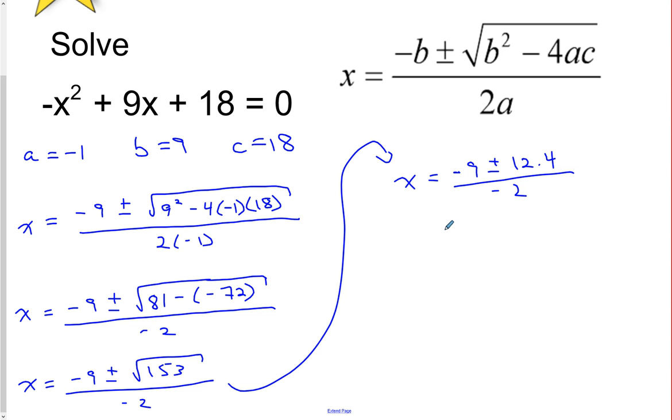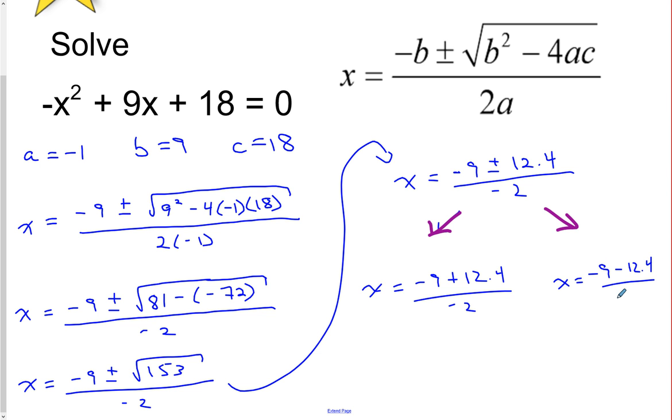Okay, so we got to try one direction is plus and one direction is our minus. Let's see what we get. So our first one is going to be x equals negative 9 plus 12.4 over negative 2. And our other one is going to be negative 9 minus 12.4 over negative 2.